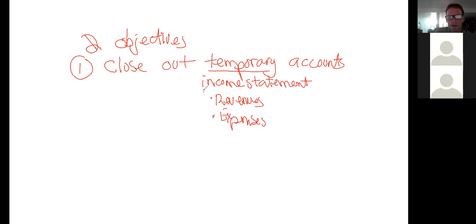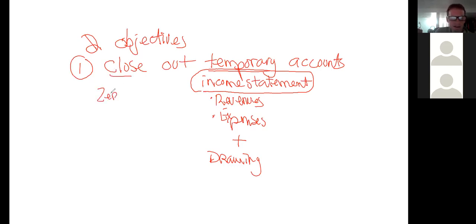To remember the temporary accounts, you just remember what's on the income statement plus the drawing account. That's the one that stands out. So you've got revenues, expenses, and drawing. That's one of the objectives of closing. When I say close out, that means zero out.